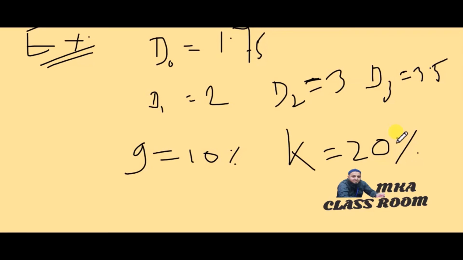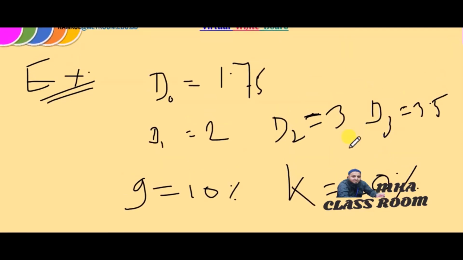Now here is the information we have to use. D naught is 1.75, next year's dividend is 2, and after 2 subsequent years, D2 and D3 are 3 and 3.5. After 3 years, the dividend will grow at a constant growth rate for an indefinite period, the growth rate is 10%, and the investor's required rate of return is 20%.